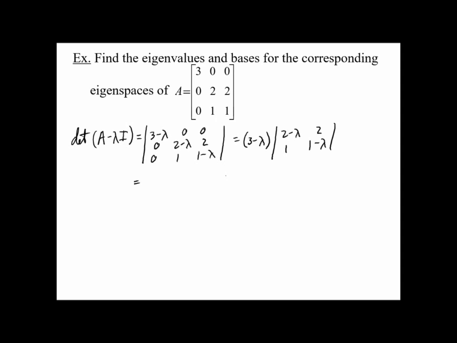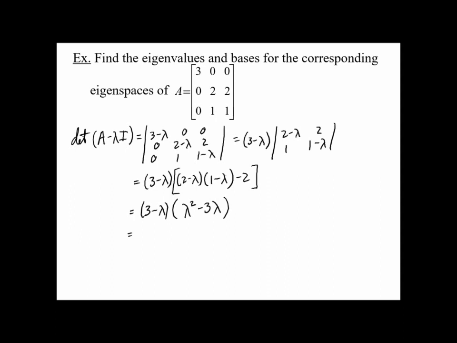So this is going to be 3 minus lambda. And then we've got, let's see, 2 minus lambda times 1 minus lambda, minus 2. So we're going to get lambda squared minus 3 lambda plus 2, but then minus 2 is just nothing.